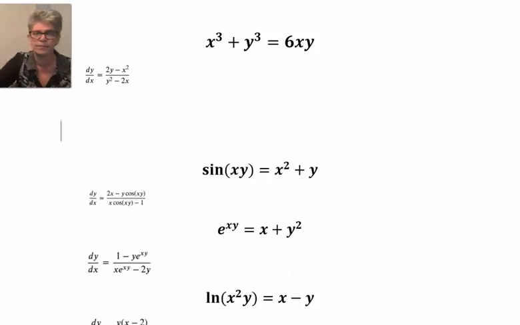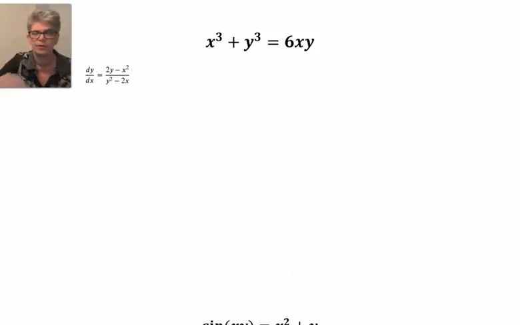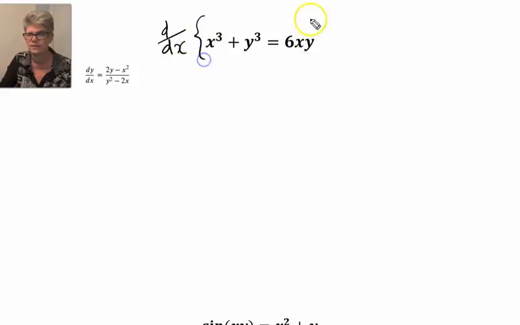So I'm going to make some room to work. If I'm going to find dy/dx, then the first thing I'm going to do is differentiate everything with respect to x, everything. So I can do that to each individual term.